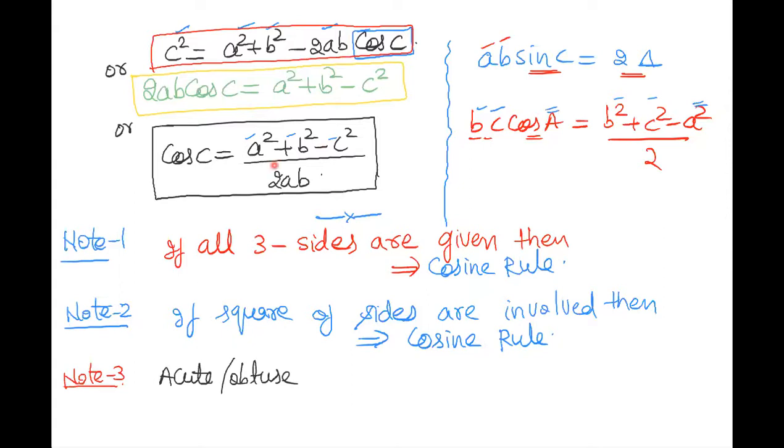So if after application of the cosine rule we are getting a negative quantity, it means cos is negative, it means an obtuse angle. If this quantity comes out positive, it means cos is positive, it means an acute angle. So the cosine rule we can use for determination of acute or obtuse.